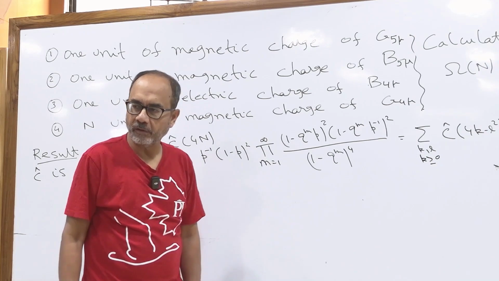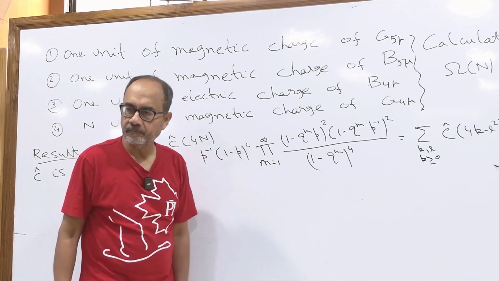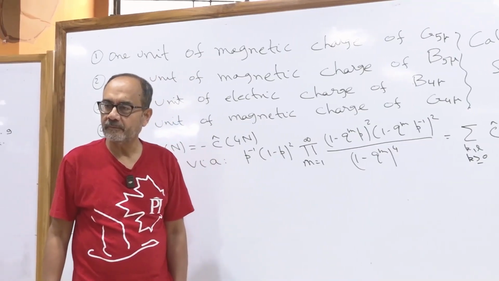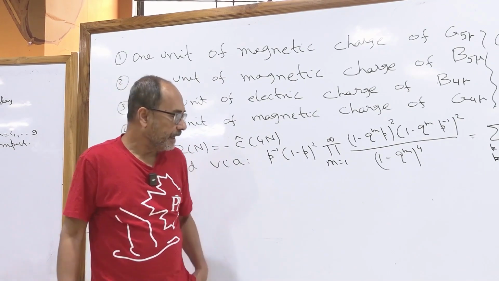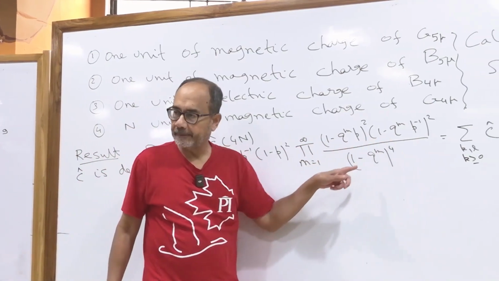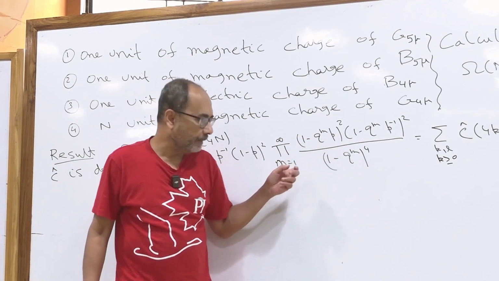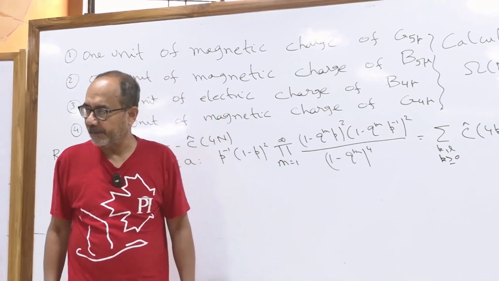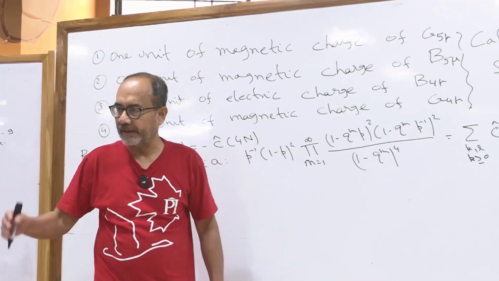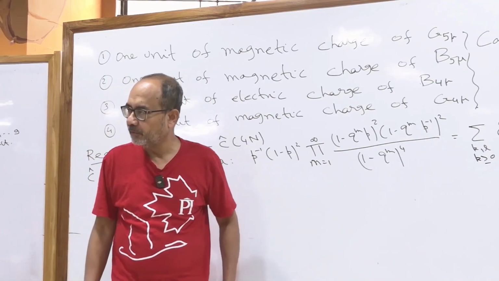M equal to 1, M equal to 2, or both, or neither? M equal to 1 has Q, that's the only term that has powers of Q. M equal to 2 will have Q square, Q square, Q square, so to do a Taylor series expansion you will only get Q square, you will never get Q. So only the M equal to 1 term is going to contribute.